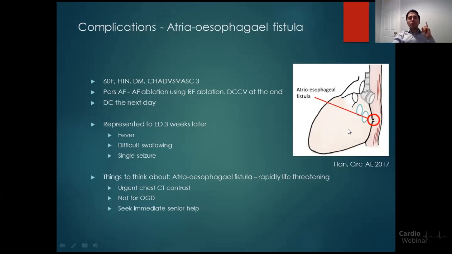This is a rare complication, but it's a must-know complication because it is life-threatening. Here, what you have to understand anatomically is that the left atrium, the posterior wall, is very thin, and it sits very close to the esophagus. In fact, it's just millimeter differences.